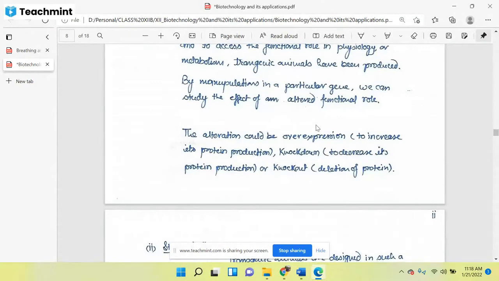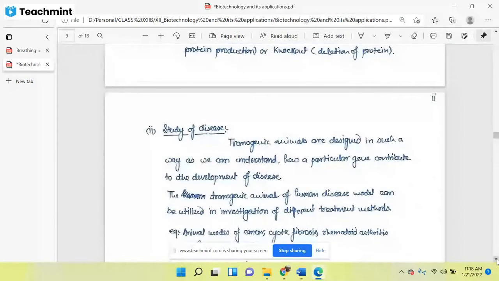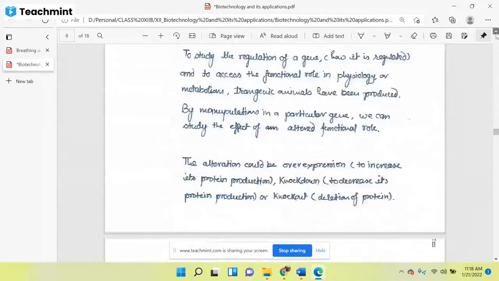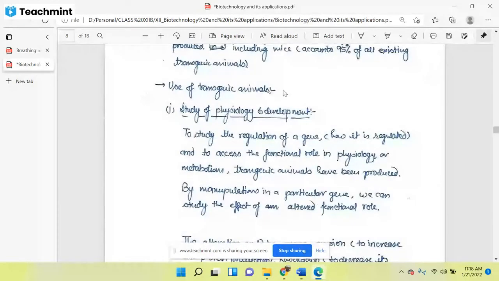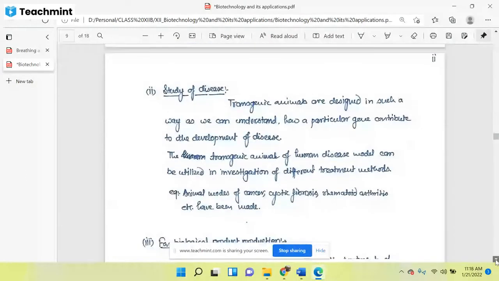Then we will compare with a normal animal, and we can identify the role of that gene in the normal behavioral and physiological process. Now, first we have seen how we are using the transgenic animal. The first application of the transgenic animal is to study physiology and development. The second application of the transgenic animal is the study of disease.